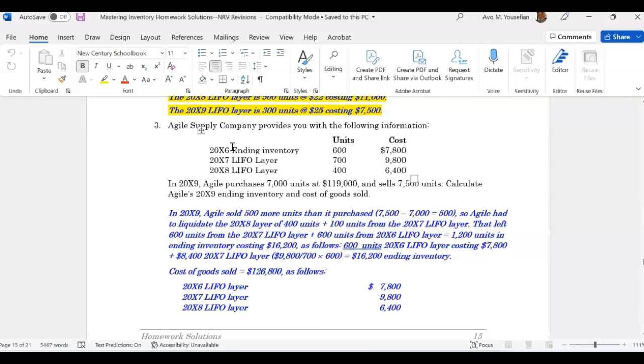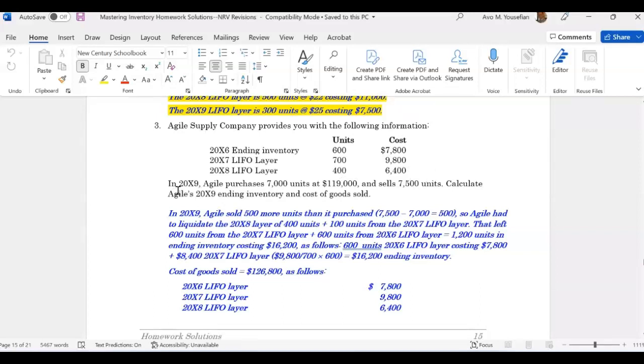Ending inventory in 2016 was 600 units at total cost of $7,800. The LIFO layer in 2017 was 700 units, total cost $9,800. The LIFO layer in 2018 was 400 units, total $6,400.